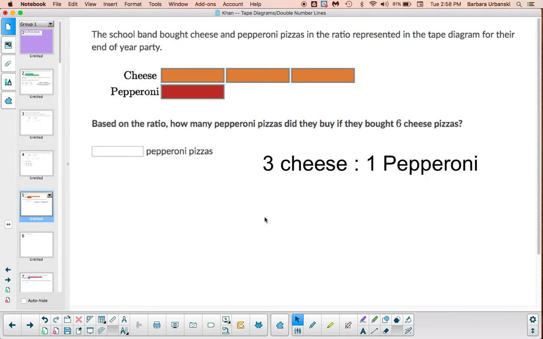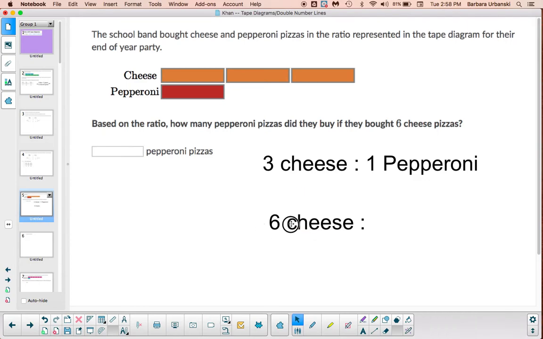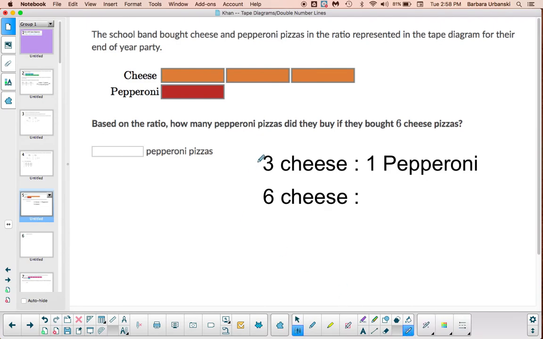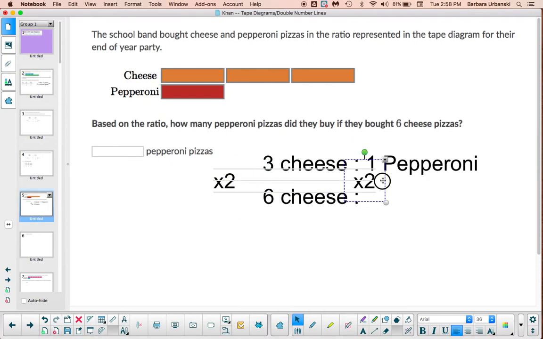Here you're talking again, you'd have 6 cheese pizzas. You're trying to find out how many pepperoni. So you could just say, okay, how did I get from 3 to 6? You multiply it by 2. So if you multiply this by 2, you would end up multiplying over here by 2.